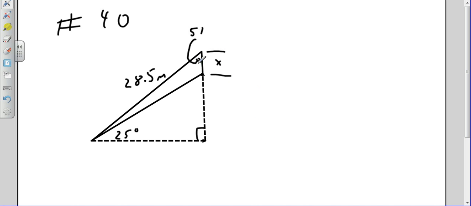Okay, well, if this is 51 and that's 90, then this entire angle has to be 39. And then this entire thing from there to there, we'll call this y, it has to be the sine of 39.